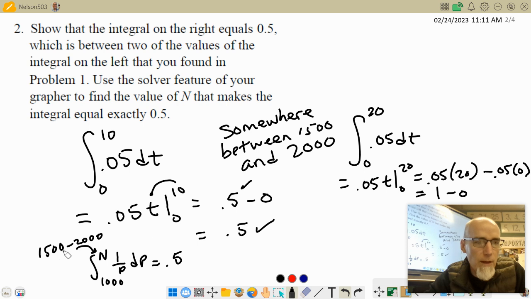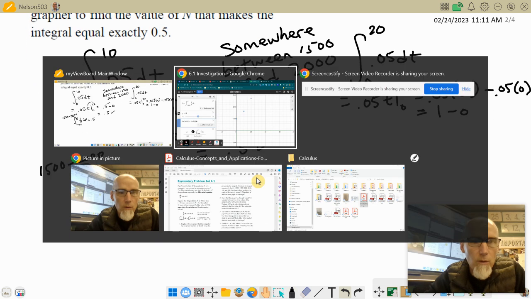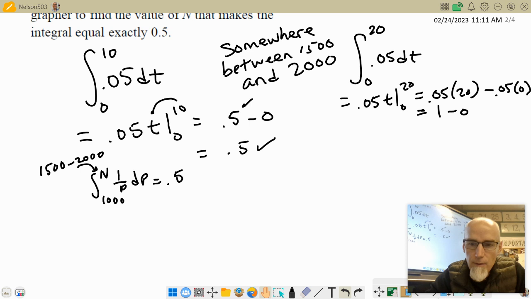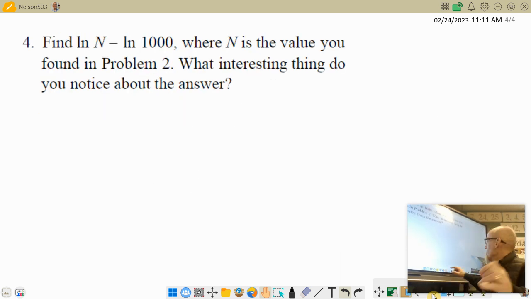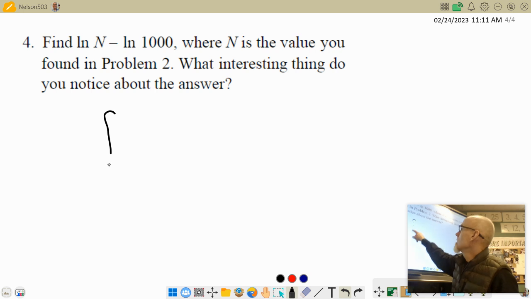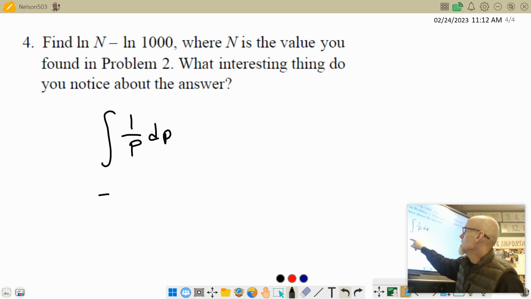So if we had 1648 in there and we took the natural log, they're trying to get us to make this conclusion. Let's go to the slide with problem number 4 on it. They're trying to get us to make this conclusion that the integral of 1 over p dp is equal to the natural log of p.